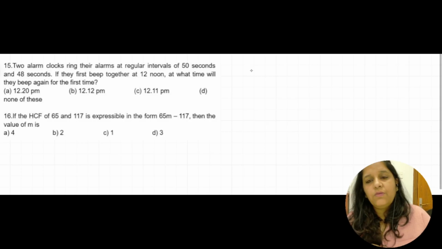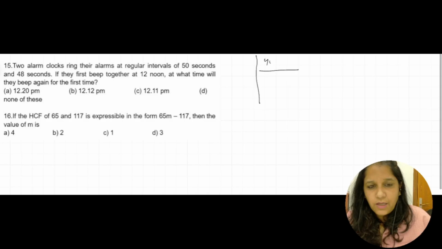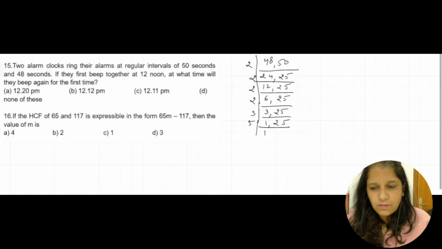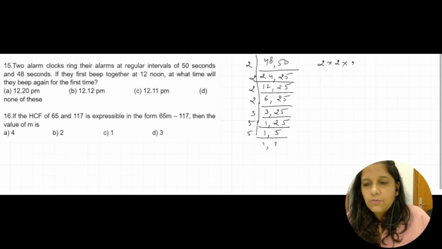If they beep together at 12, at what time do they beep again? So it is very clear here, find the LCM of 40, 48 and 50. Now we will multiply all of these: 2 into 2 into 2 into 3 into 5 into 5.